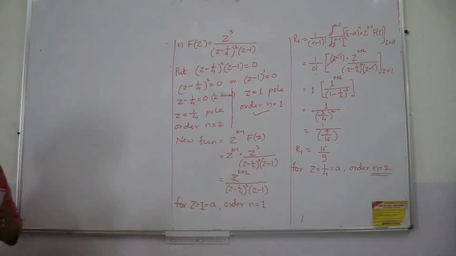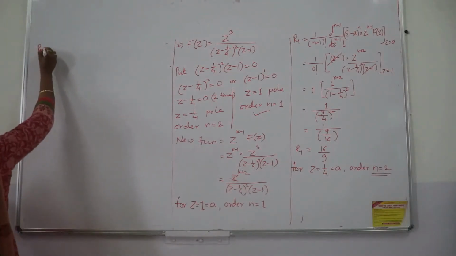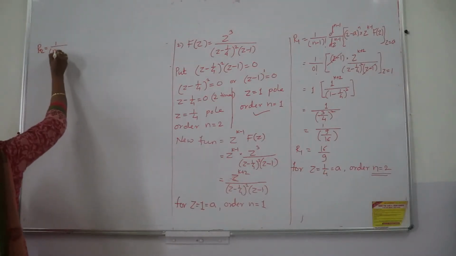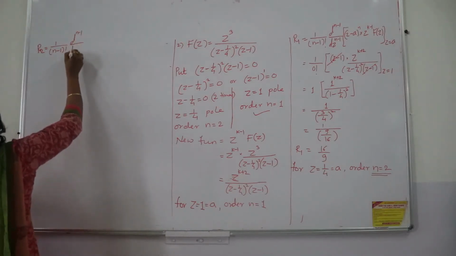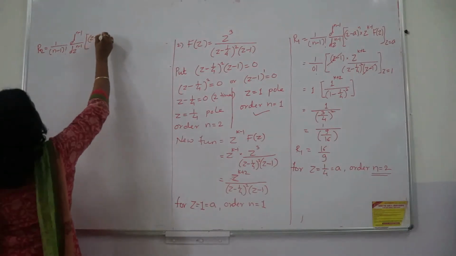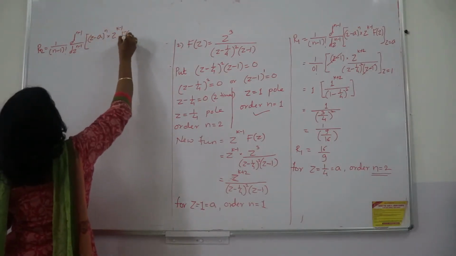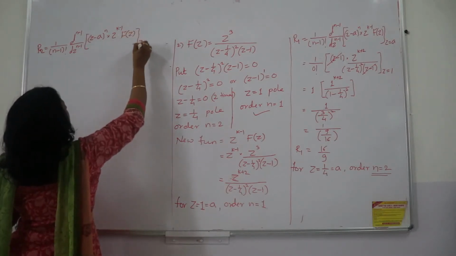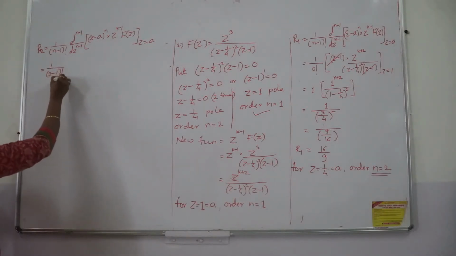See how to do it. Again the formula, you know, for the second residue I am calculating 1 upon (n minus 1) factorial, d raised to n minus 1 by dz raised to n minus 1. Then here it is (z minus a) raised to n, z raised to k minus 1 f of z, and in that I have to place z is equal to a. So start our work. Now n is 2, so this is 2 minus 1 factorial.